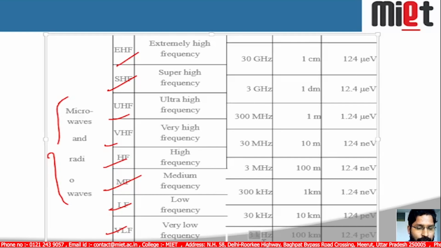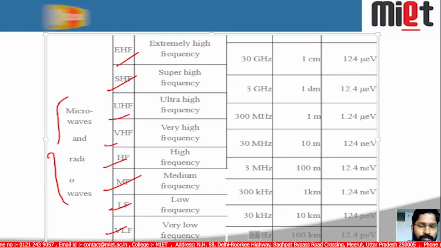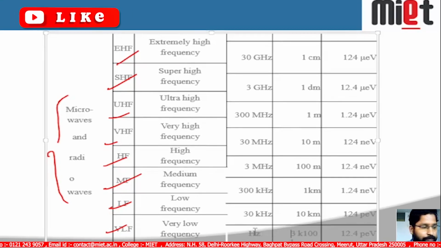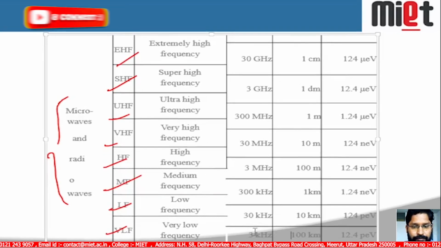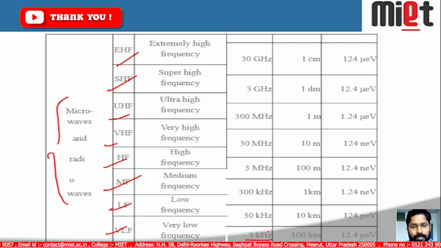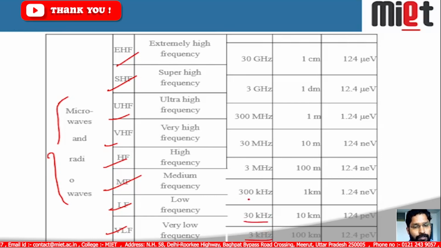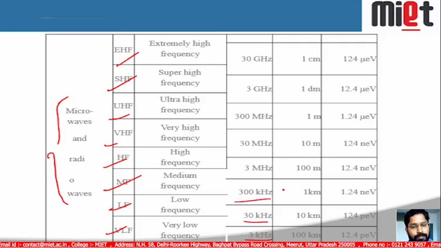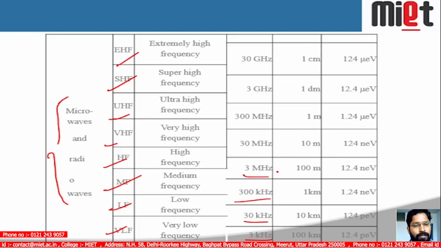3000 Hz means 3 kilohertz. Then 3 kilohertz to 30 kilohertz, 30 kilohertz to 300 kilohertz, 300 kilohertz to 3 megahertz, 3 megahertz to 30 megahertz, 30 megahertz to 300 megahertz.